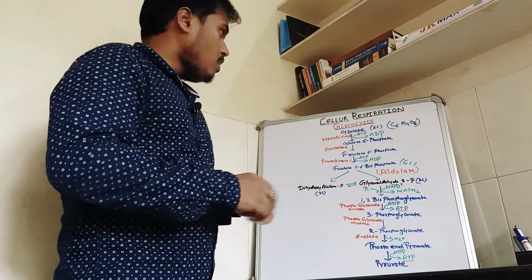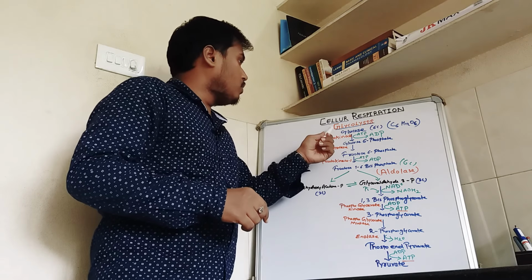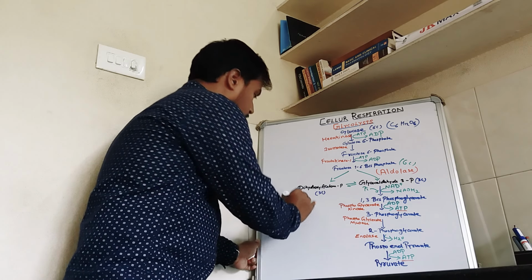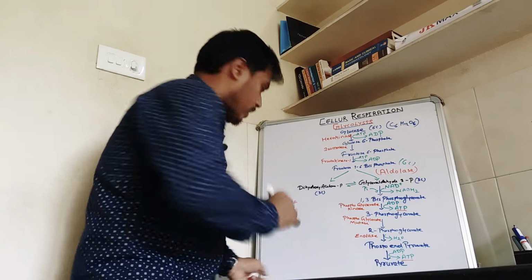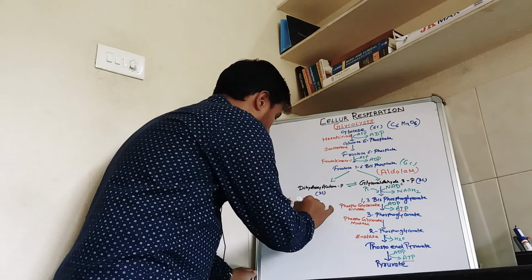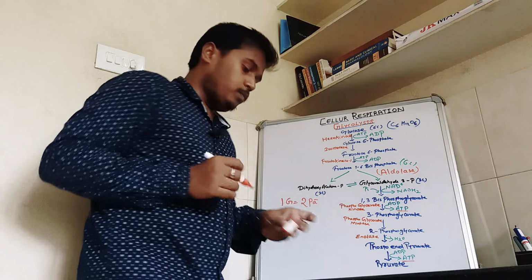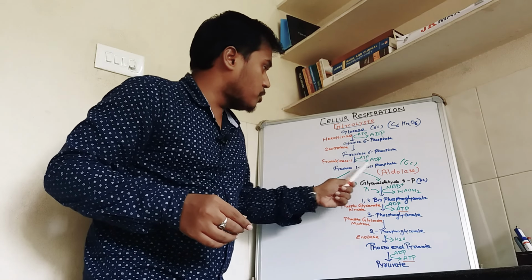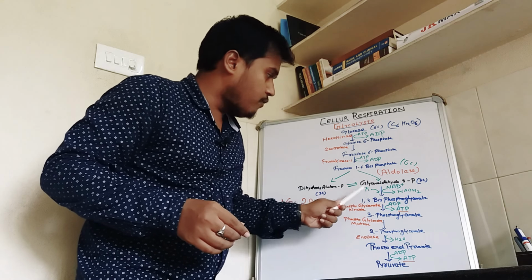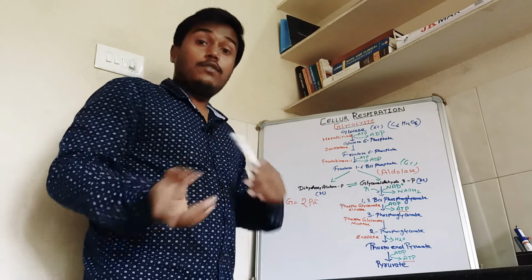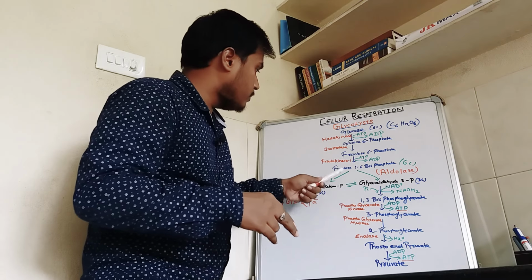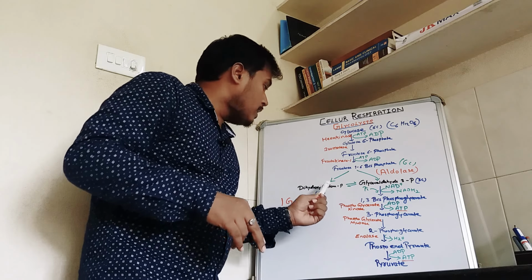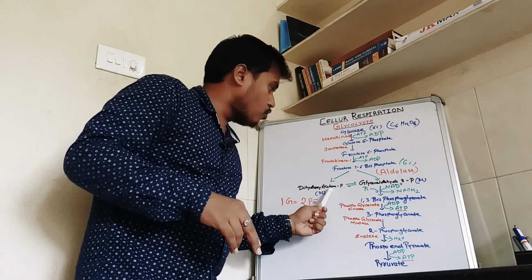Next I want to say one thing here: one glucose will give 2 pyruvate, 2 pyruvic acid. One will come from fructose 1,6 bisphosphate converted into glyceraldehyde 3 phosphate and giving pyruvate. The second pyruvic acid will come from fructose 1,6 bisphosphate converted into dihydroxyacetone phosphate.